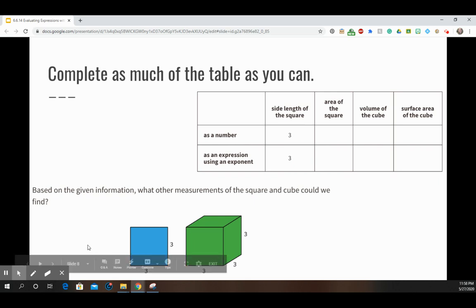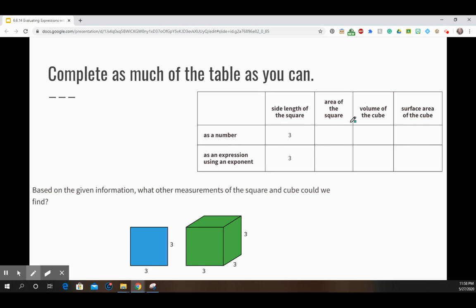Okay, so the side length of the square is 3. So the area of the square, if I'm writing it as a number, is 3 times 3, which is 9.